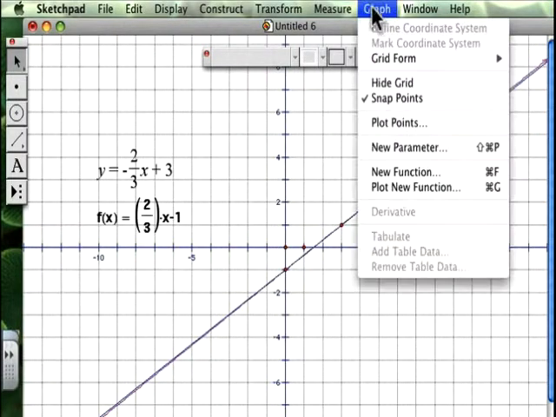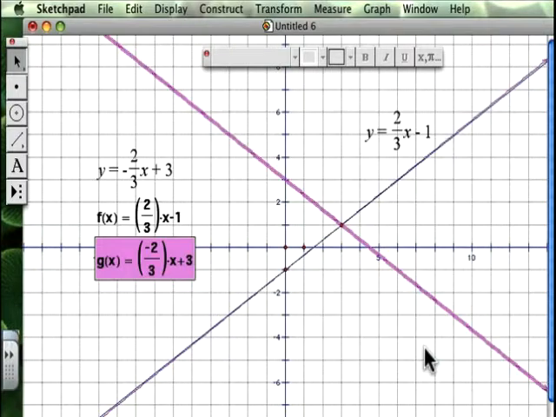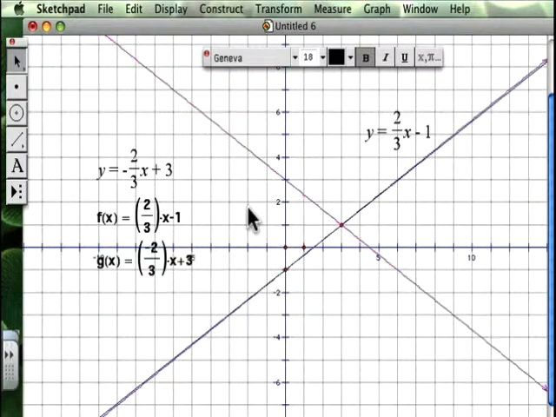So if we're going to graph the next one, which is -2 divided by 3 times x plus 3. Now the y-intercept here is going to be 3, and the slope of the line is going to be -2 over 3, which means we're going to go from this point, 0, 3, down 2, because the slope is negative, and to the right 3.